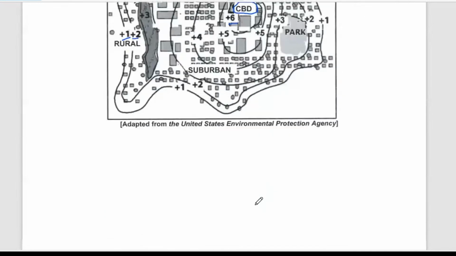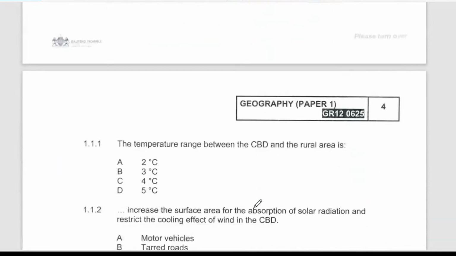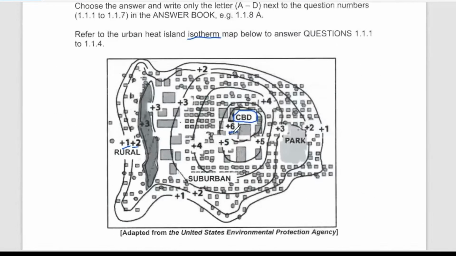Right, let's go to our questions. Our first question is saying the temperature range between the CBD and the rural area is. When we're talking of a temperature range, we are looking at the difference between the highest temperature recorded and the lowest temperature recorded. From our illustration, the isotherm reading at the CBD is positive 6, and the rural is positive 1.